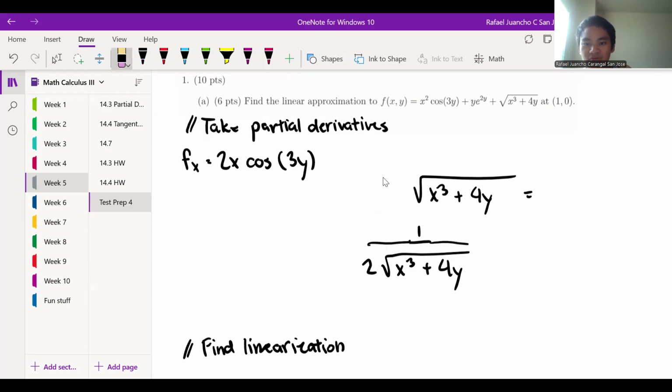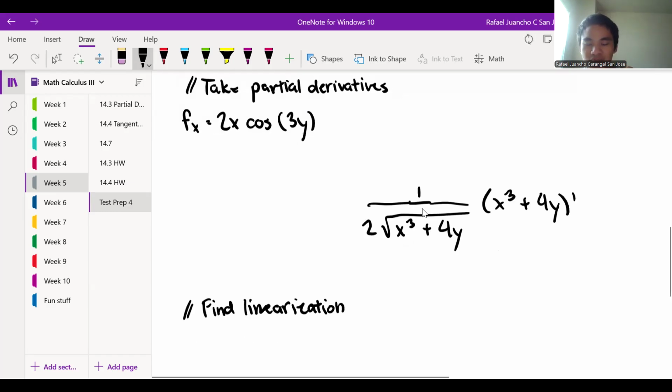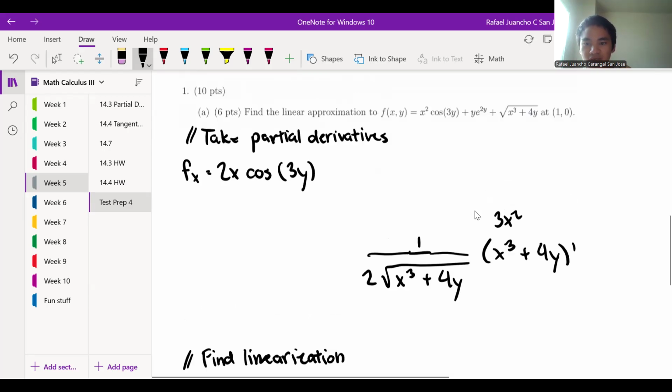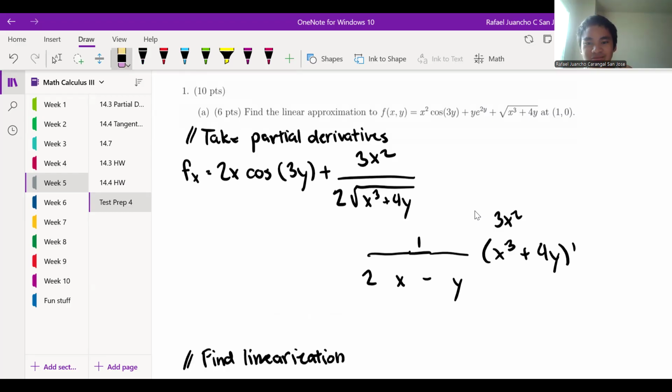And then from there, what do I get? I get chain rule of this thing. And this one's going to give me, well, x cubed, so that's 3x squared. And we're done. So I'm going to say add 3x squared over 2 of this thing. And I think, okay, now that should be it.